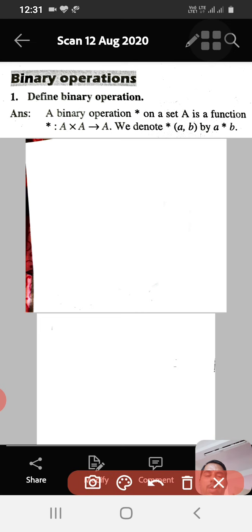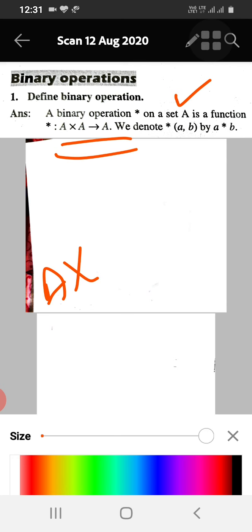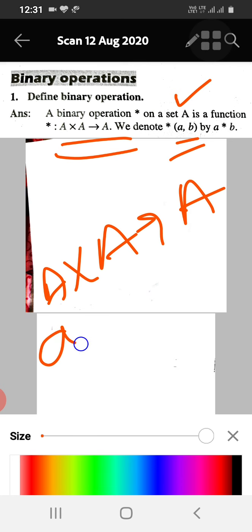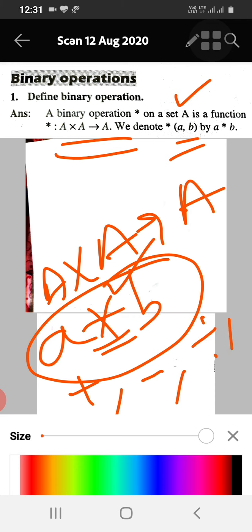That's why we told the definition here. A binary operation on a set A is nothing but a function from A cross A to A. If we consider any two elements a comma b, that is denoted by a star b, where the star may be plus or minus or divided by or into.